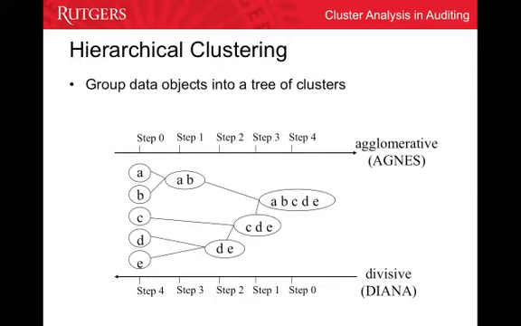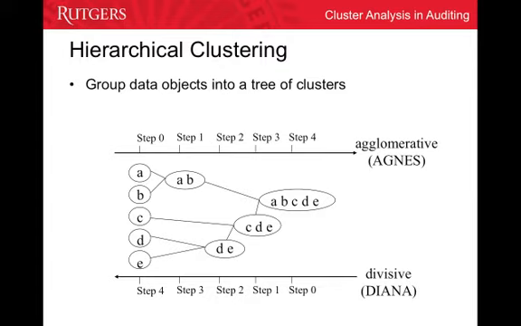Another attractive feature is that hierarchical techniques do not assume any particular number of clusters. Instead, any desired number of clusters can be obtained by cutting this tree at a proper level. Finally, hierarchical techniques are thought to produce better quality clusters.